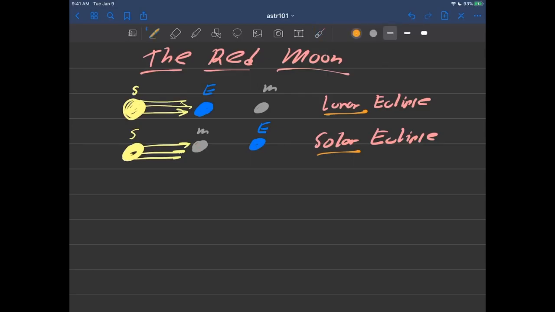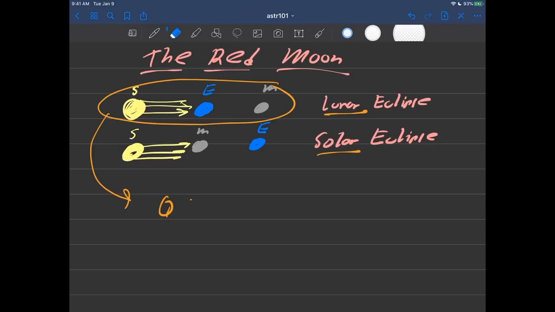And what I'd like to talk about in this video is this configuration right here, because we still have a little bit of work to do on this so-called question number 14, which asks why the moon turns red during these lunar eclipses.